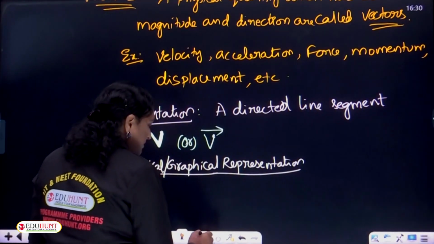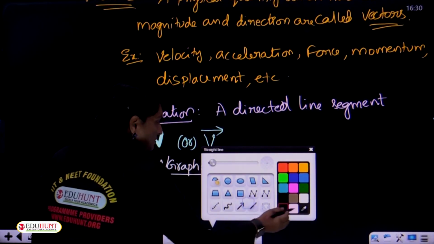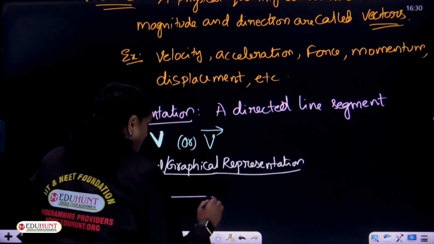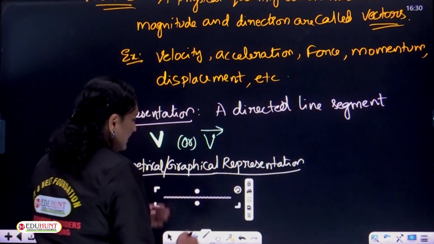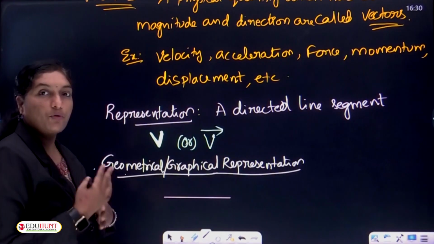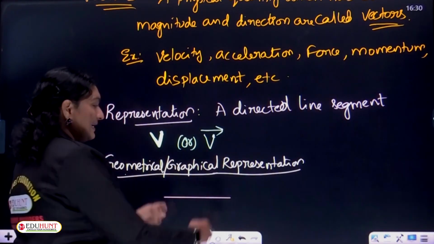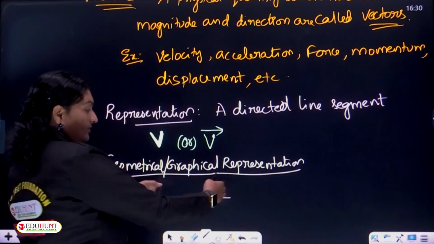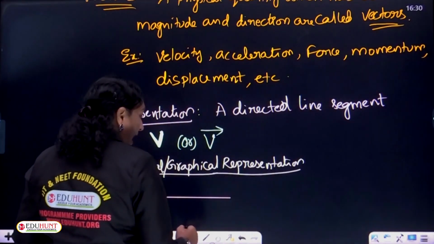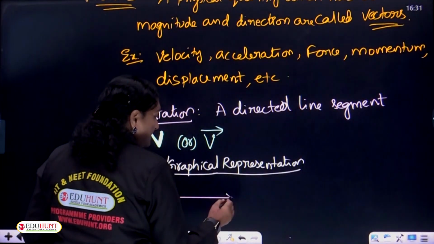So for a vector, the length of the line, when measured on a proper scale, indicates the magnitude, whereas the arrowhead indicates its direction.